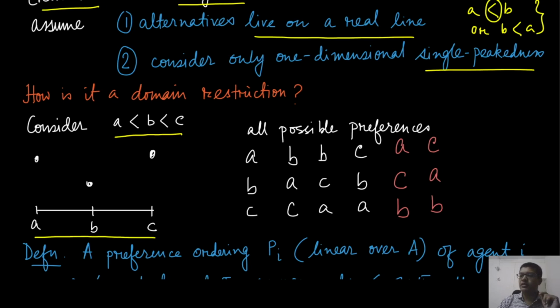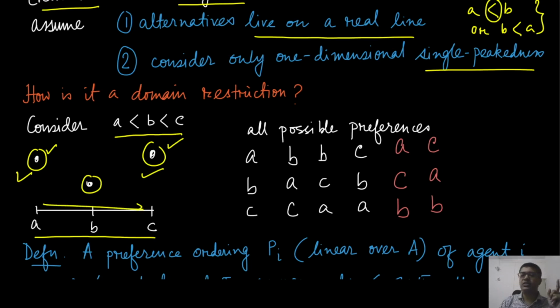So then what cannot happen is that A or C is at the top. So let's say C is on the top, and A is the second most preferred alternative. That is not possible, because then you have two peaks, one peak here, one peak here. So with respect to this ordering ABC, right?